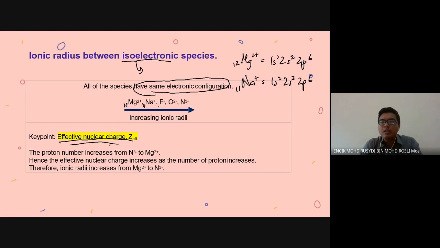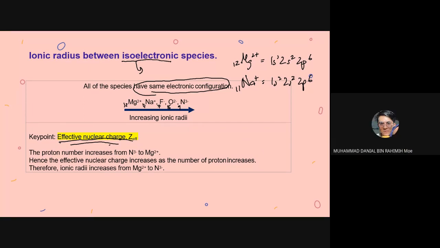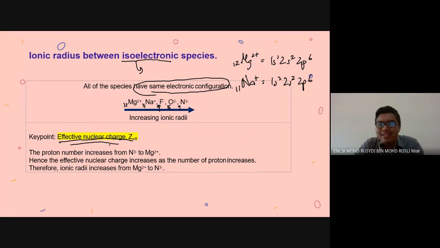Fluorine ada 9, oksigen ada 8, nitrogen ada 7. Terbalik ke? Ya, terbalik. 9, 8, 7. Okay, ngam. So apa yang beza dia dekat sini?